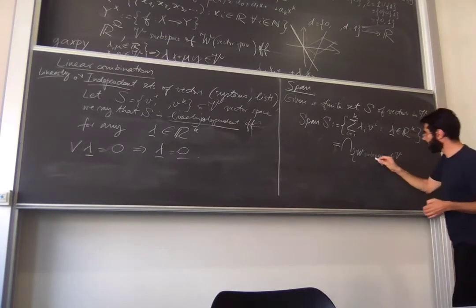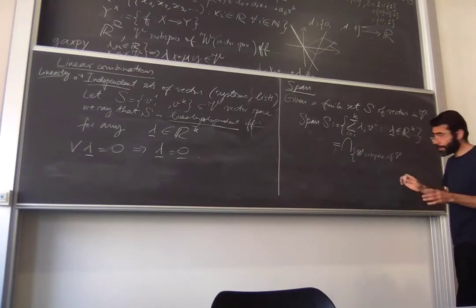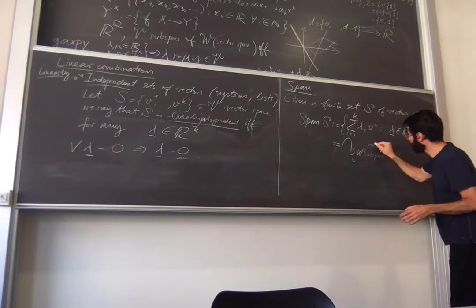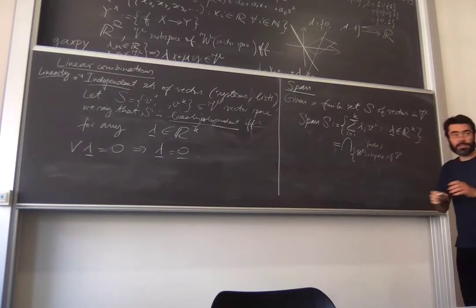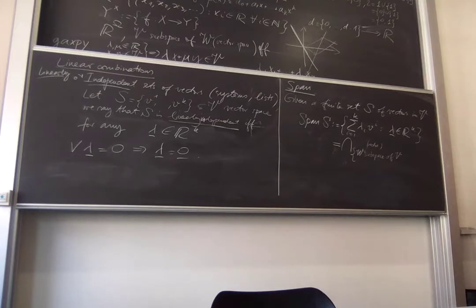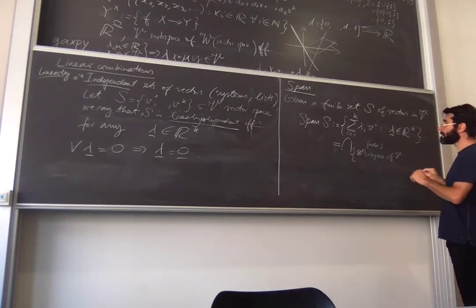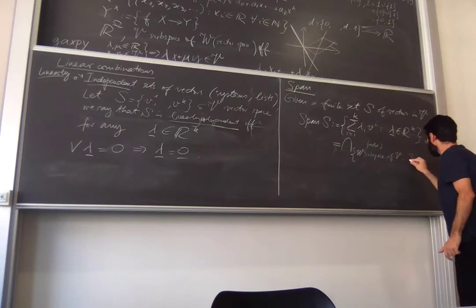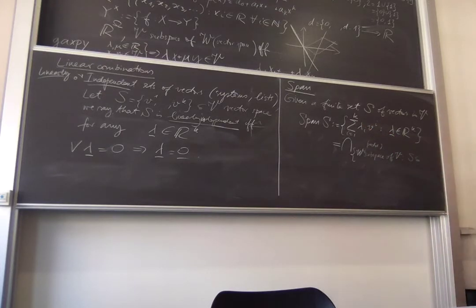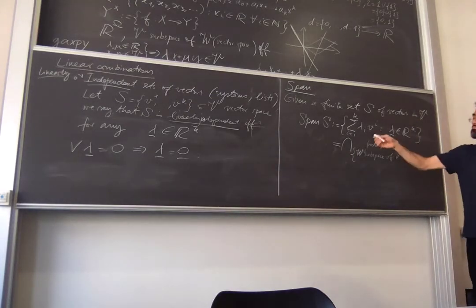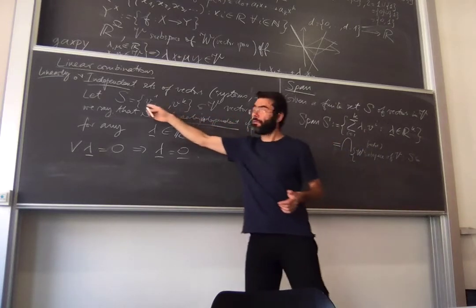So whenever I say subspace without mentioning, I mean a vector subspace. So it's a subset which is a vector space itself, of V, such that S is a subset, because S is not a space. S is just a set. You see, it's a finite set, some vectors.